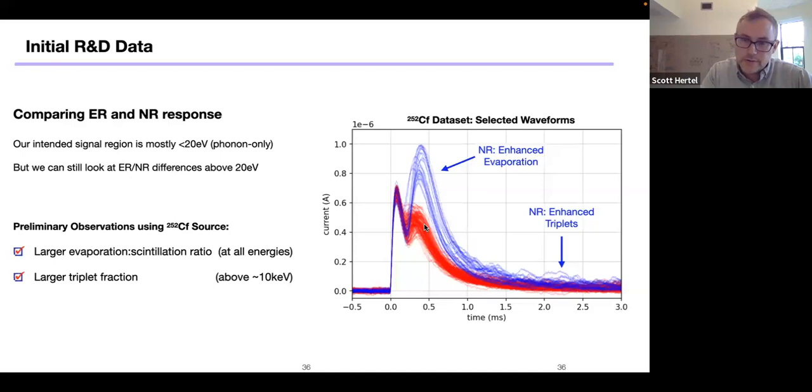When you use a neutron source, you greatly boost the evaporation or quasi-particle signal, and you also significantly boost the triplets at late times, at least at high energies. This is just very rough so far.